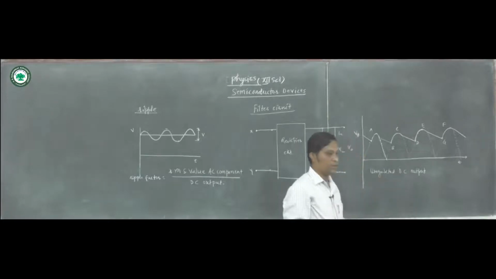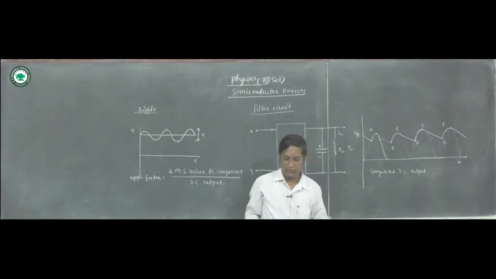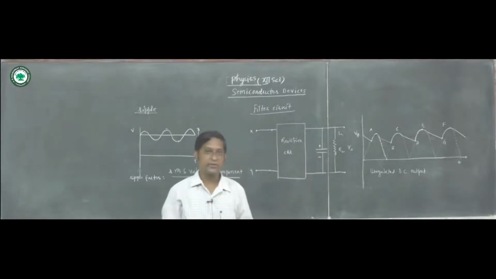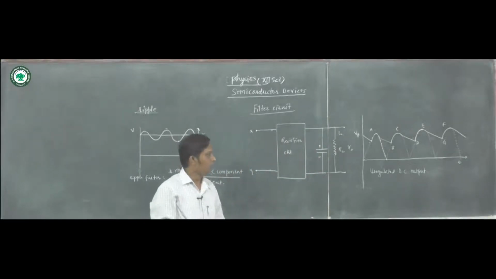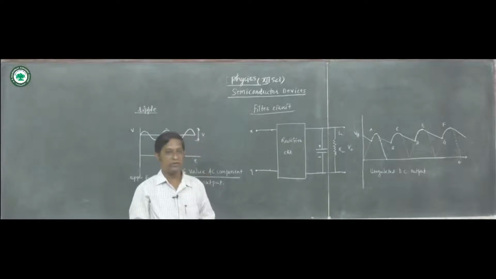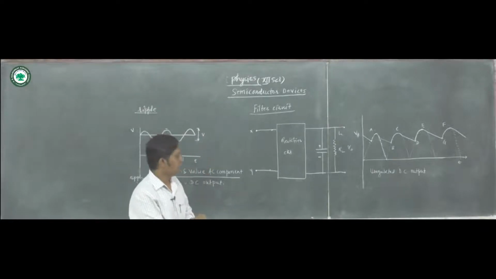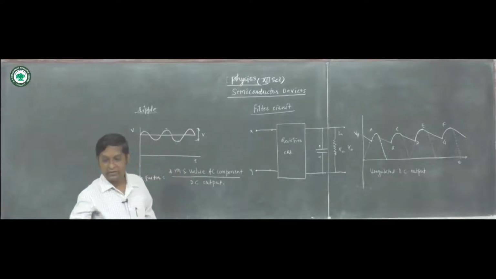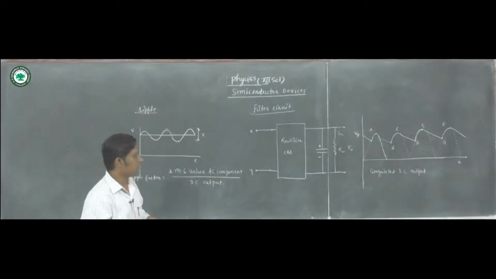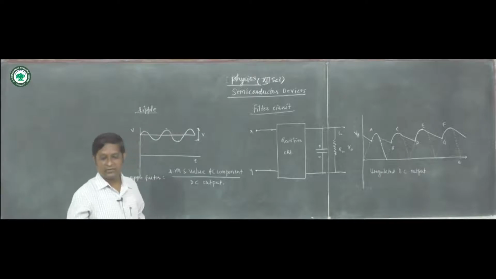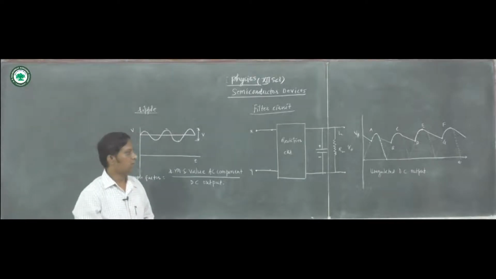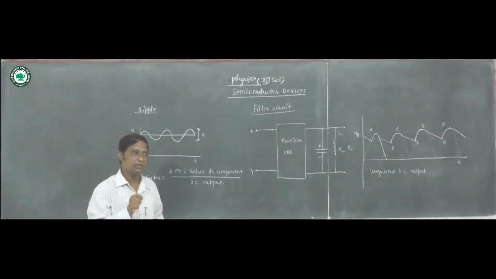To get the regulated output, we use some special purpose PN junction diodes, such as the Zener diode, which is used in a voltage regulator circuit.